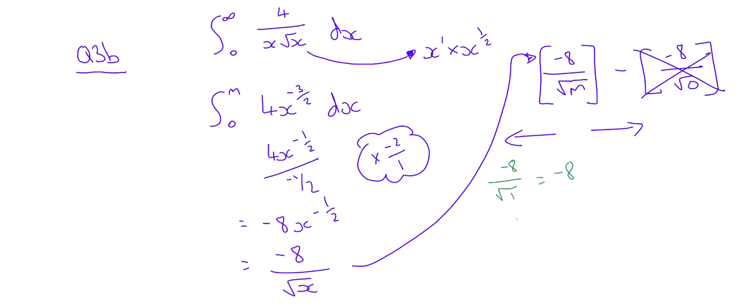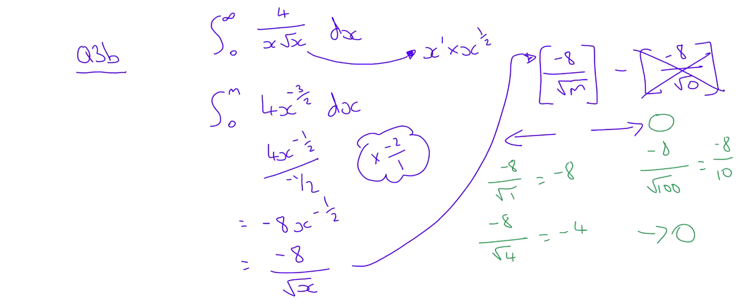If I had negative 8 over root, let's make it something that's actually square rootable, root 4, I'm going to get negative 4. If I have negative 8 over root 100, that's going to be negative 8 tenths. So you can see here, I am tending towards 0. So as we move towards infinity, we tend towards 0. So that is one answer.